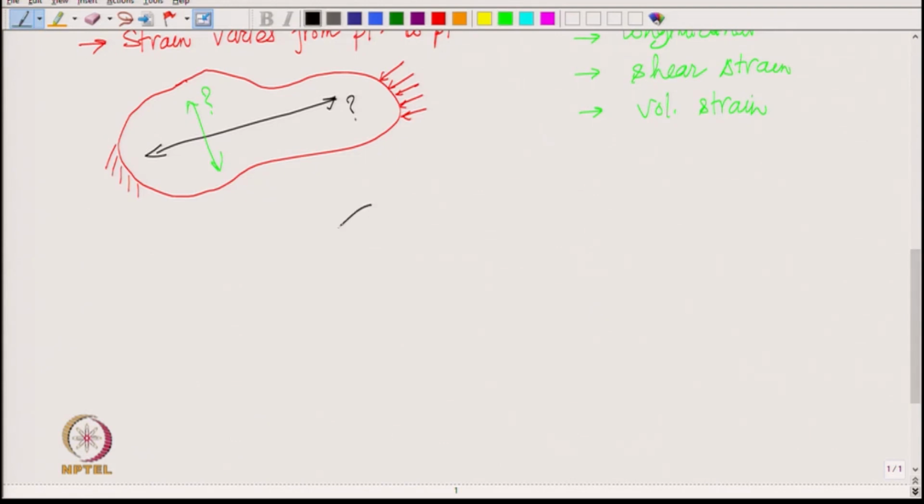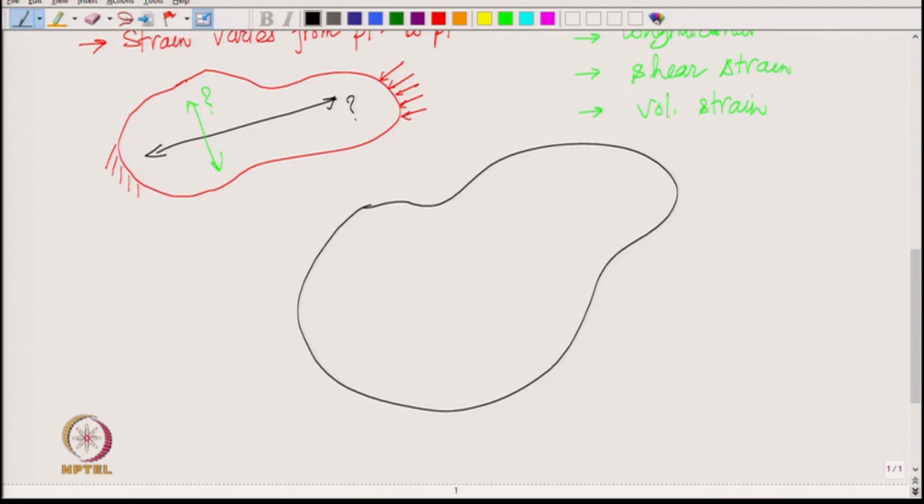we can think of this body which can be subjected to any arbitrary load, and then we go at any point in the body, let us say at this point, and think of line element at that point in the body. So, there are several line elements at a point in the body.